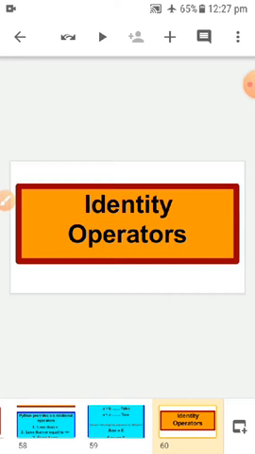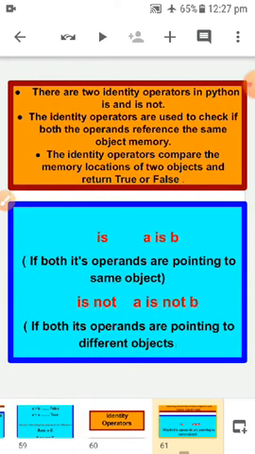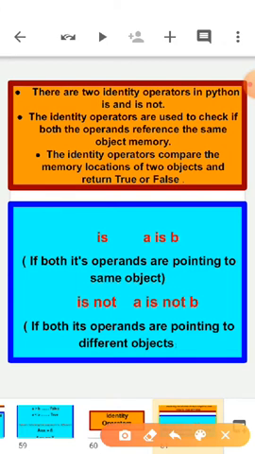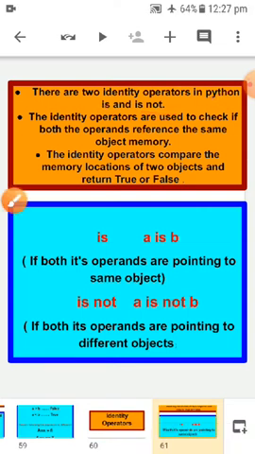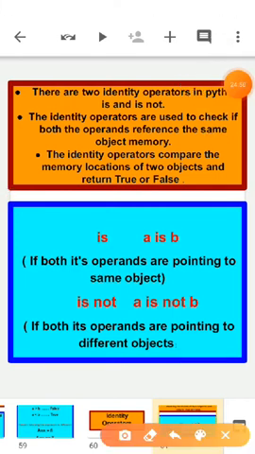Now the next topic is identity operators. See, there are two identity operators in Python: is and is not. Okay, try to understand this concept very carefully, children. Very important topic. The identity operators are used to check if both operands reference the same object in memory or not.